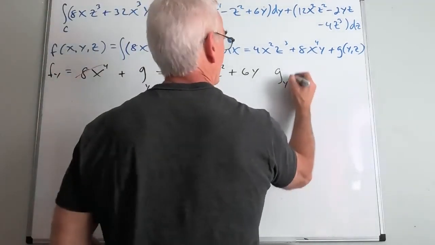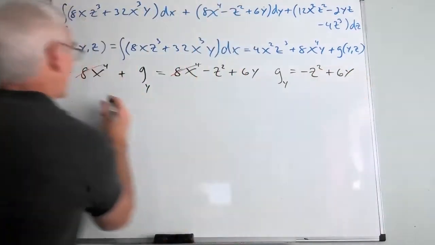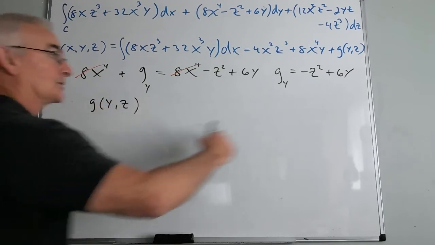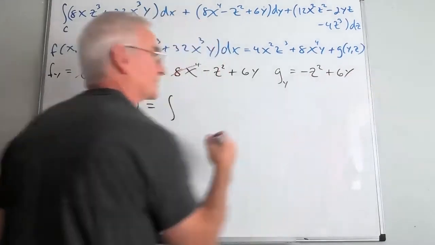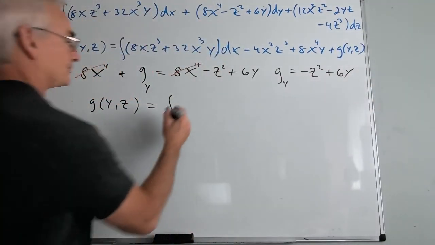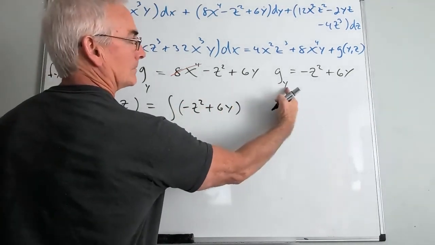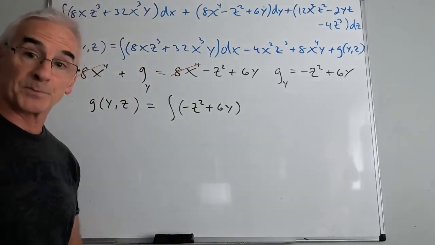I'll write that down. Partial of g with respect to y equals this. Therefore, g of y comma z, which is where it came from, will be the integral of this integrated with respect to what variable? Well, this is the partial with respect to y. So I need to integrate it with respect to y.